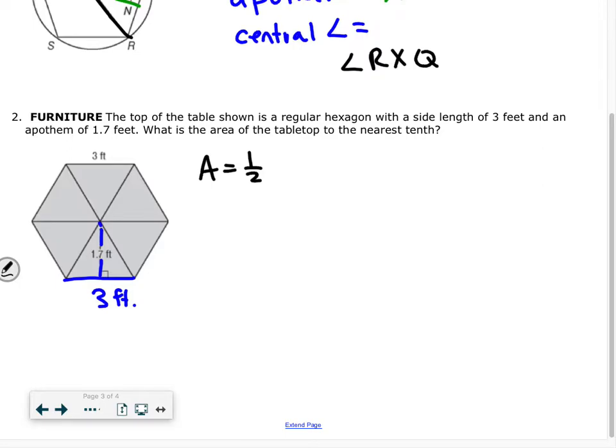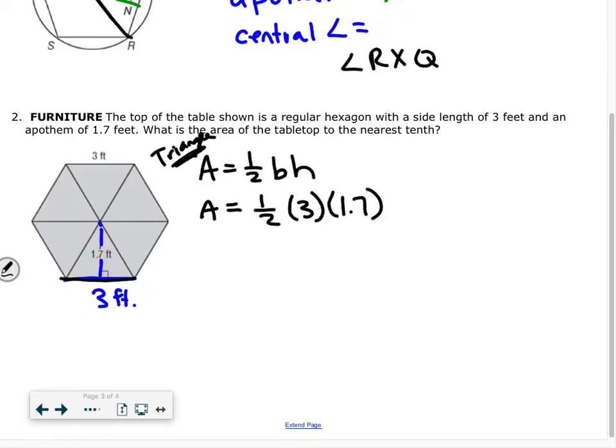So we're going to find the area of one triangle first. So 1/2, the base of the triangle is 3, the height is 1.7. When we multiply that out, and sometimes I use subscripts, it just shows that the area of the triangle is 2.55.